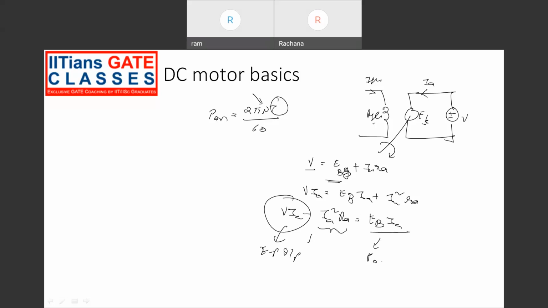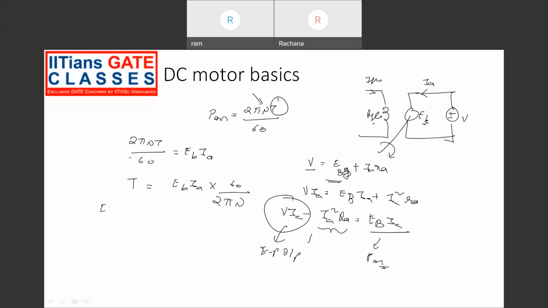developed. That is Pm. So I can write 2 pi NT by 60 equal to Eb into Ia. Torque developed equal to Eb Ia by 2 pi N by 60.